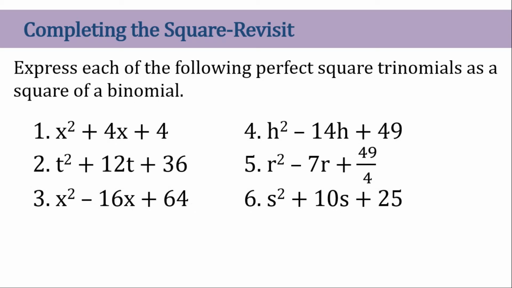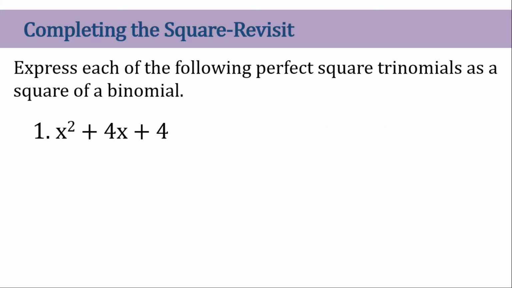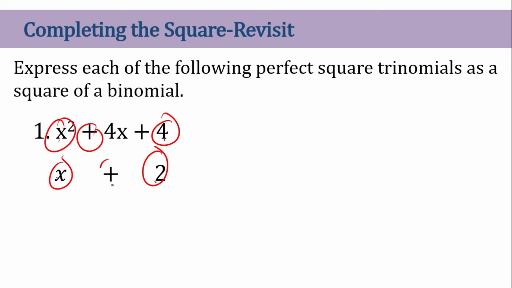Now, with that in mind, let's try to factor this into the square of a binomial. Let's start with this one. To do this, all we need to do is to get the square root of the first term and the third term. The square root of x squared is x, the square root of the third term is 2, and get the sign of the second term.